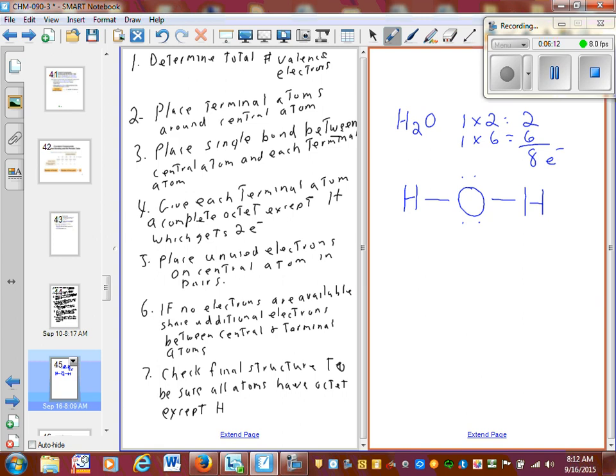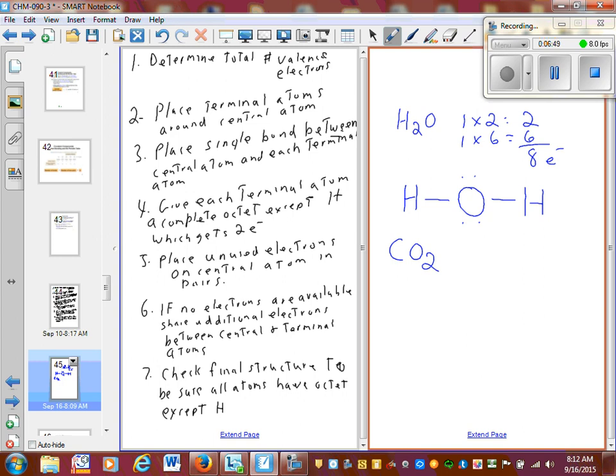Okay, let's look at carbon dioxide. Tell me how many total valence electrons there are. I'd say quick, but obviously it's past the time for quick.